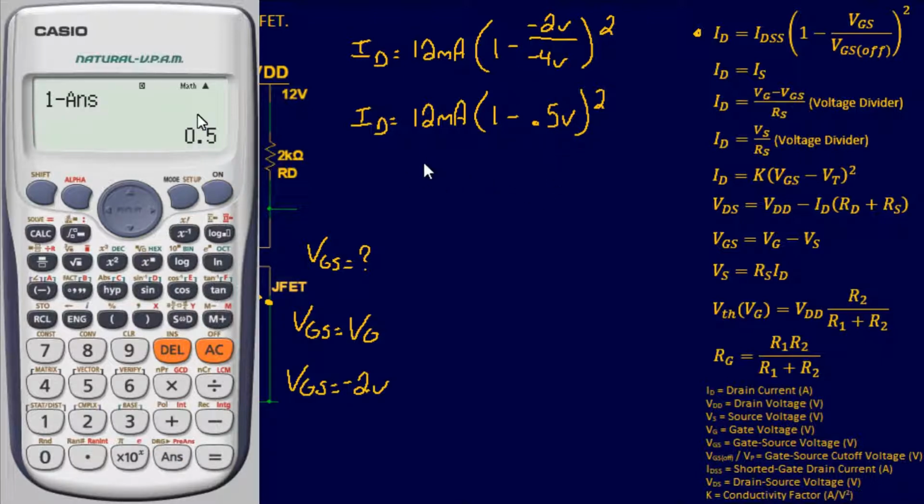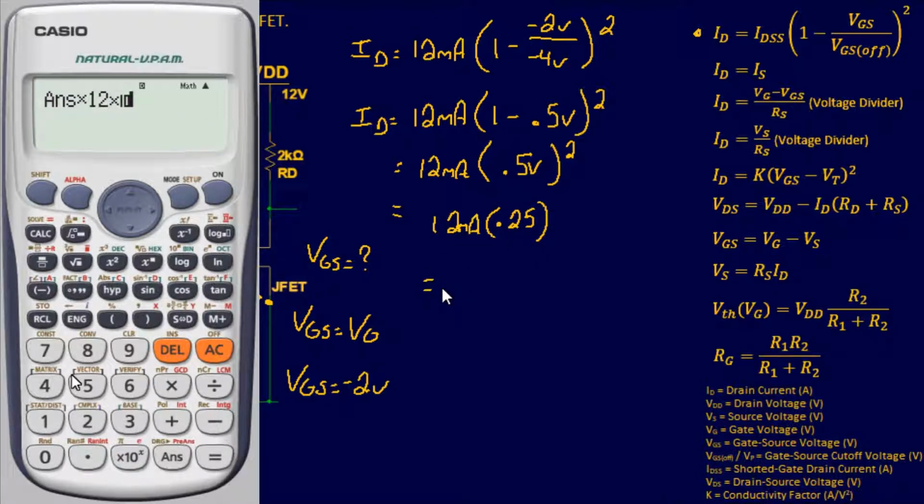So it's going to be 12 milliamps times 0.5 volts, and that one's going to be squared. And 0.5 squared is going to come out to be 0.25. So that one's pretty easy. And that's multiplied times 12 milliamps, and that's going to come out to be a final answer of 3 milliamps.